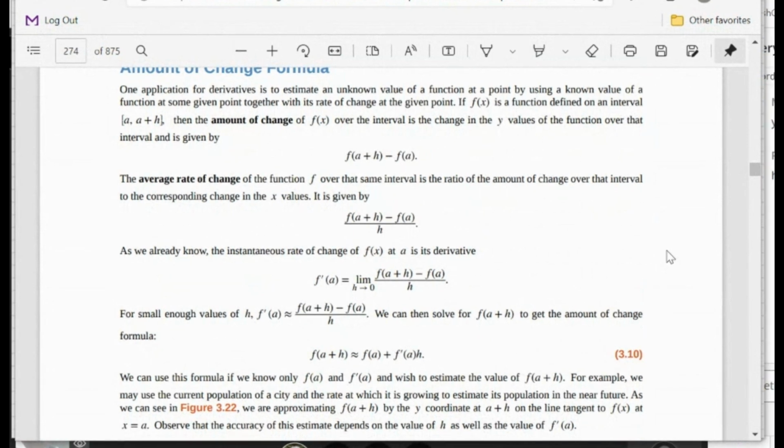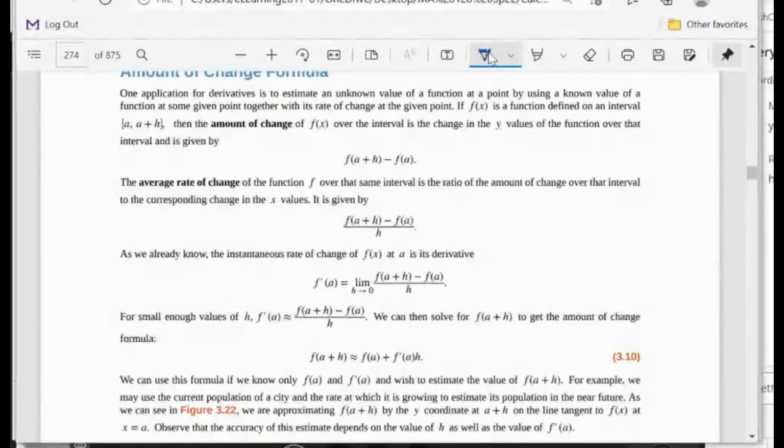If you want to find the instantaneous rate of change at a point, this expression corresponds to the average rate of change of a function. If you take small values of h, a little interval, then you can approximate the instantaneous rate of change.